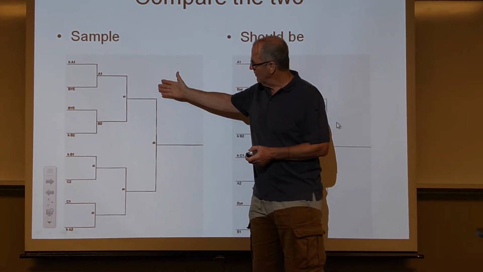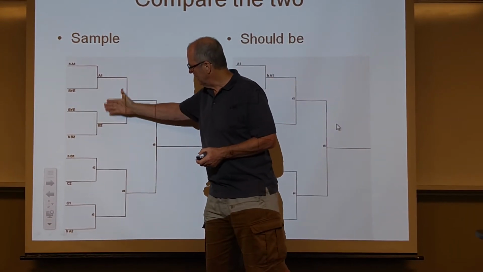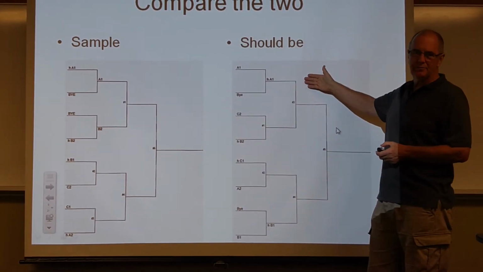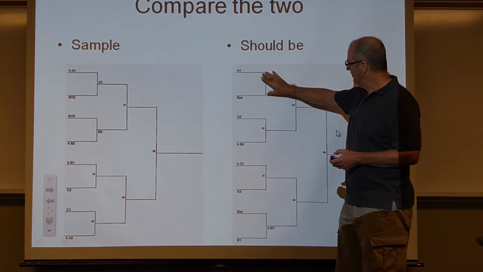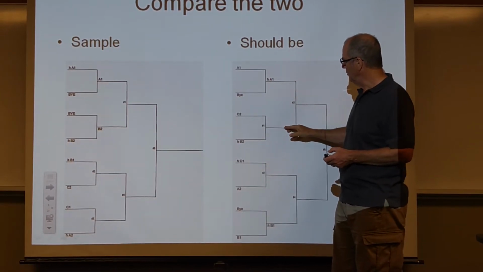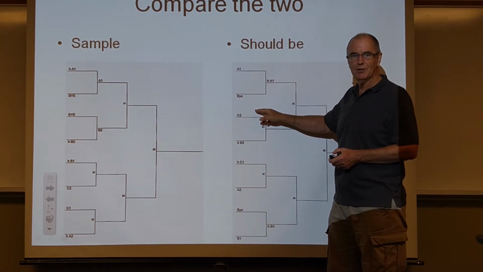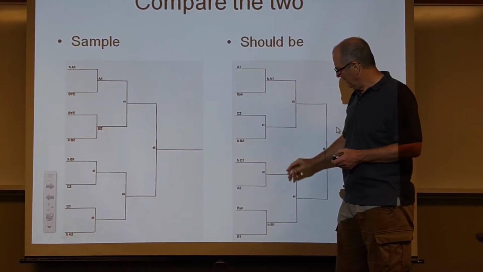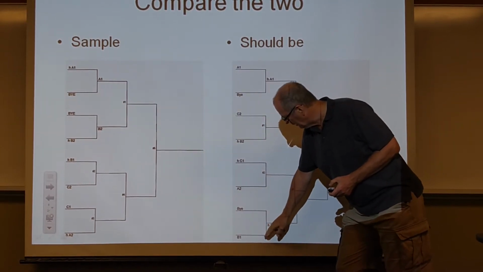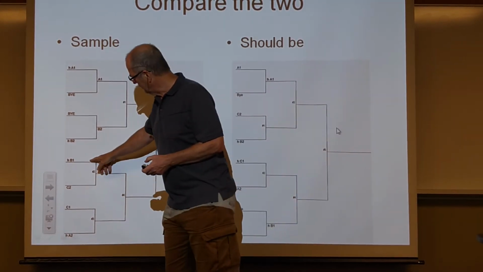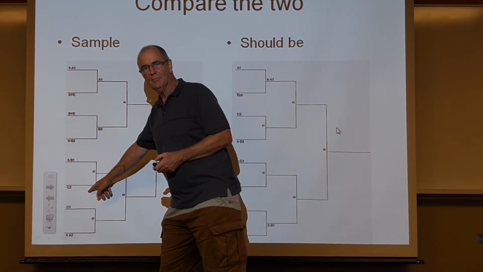So here's the sample. Again, A1 playing B2, both of them getting byes. But this is how it should be. So A1 advances, but before B2 plays A1, they're going to play one other game. So they're playing C2. And then B1, the second seed, is getting a bye. Over here, B1, the second seed, is playing a game.